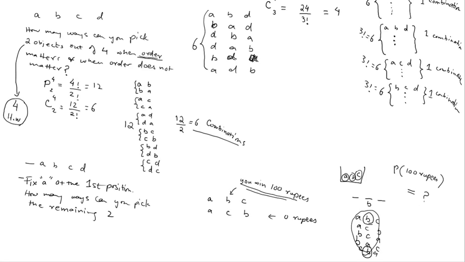I'm not asking you to answer it right now, but I'm just asking you to appreciate that if I wanted to compute the probability of winning 100 rupees in this game, which is a game of chance, a random experiment, it might have involved size of event divided by size of sample space, and you might have counted the number of ways, and you might have counted the sample space, right?